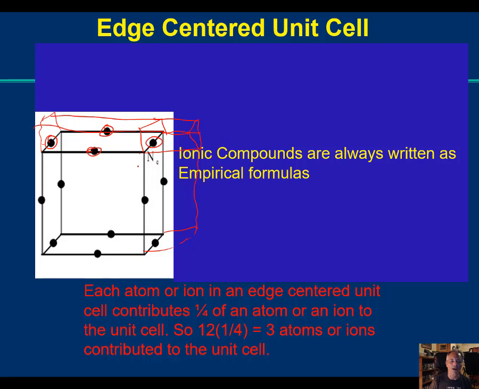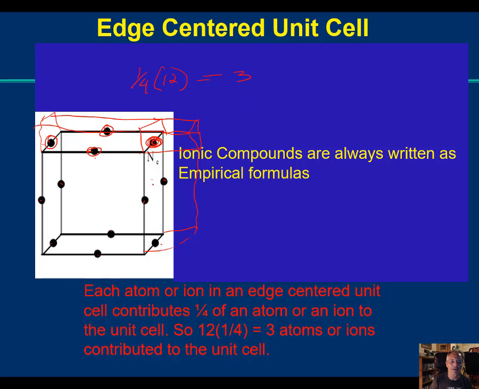I'm just not going to try and clean up this artwork. But each one of these atoms or ions contributes 1/4 of its volume to the single unit cell. And we call this an edge-centered unit cell. And we have 1, 2, 3, 4, 5, 6, 7, 8, 9, 10, 11, 12 of those. So that's 1/4 of 12. And so 1/4 of 12 is 3.